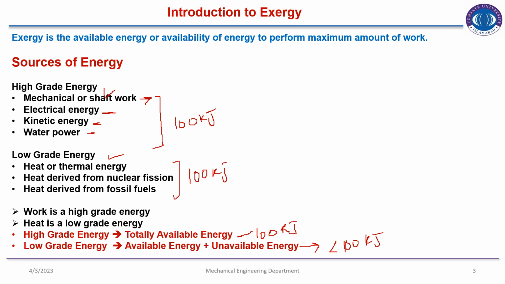So low grade form of energy is not altogether available to perform our work. Some of that will be in the form of unavailable energy. So of 100 kilojoule, maybe 80 kilojoule is available energy and 20 kilojoule will be unavailable energy.